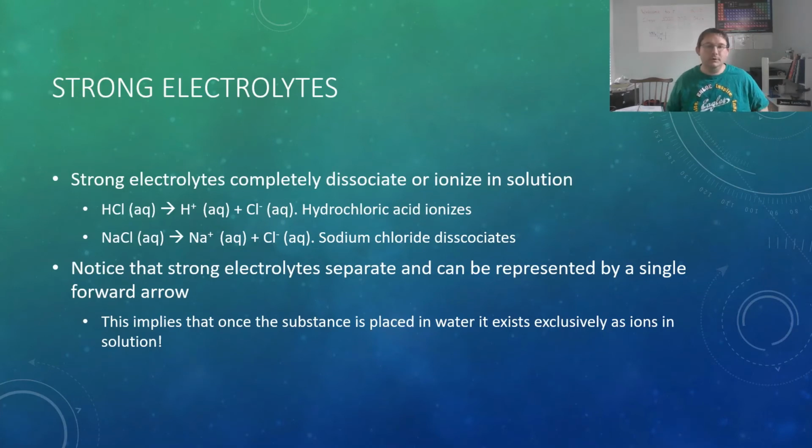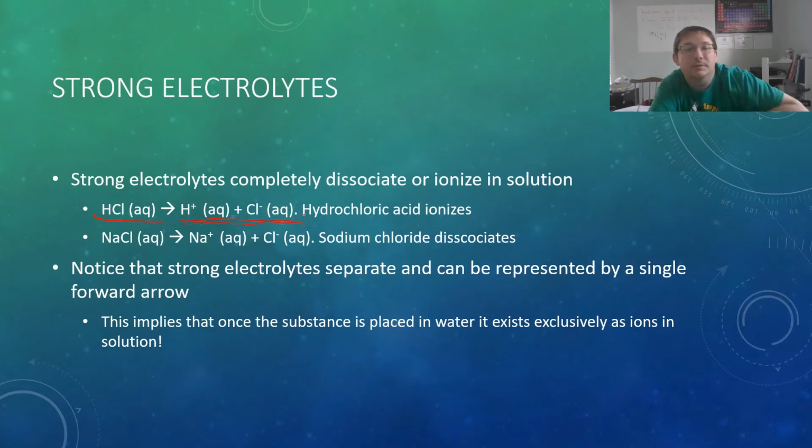Okay, so when we're looking at strong electrolytes and showing an equation to represent this, you're going to see the strong electrolyte written on one side, aqueous, and on the other side you'll have a one-sided arrow, and then H plus aqueous plus Cl minus aqueous.